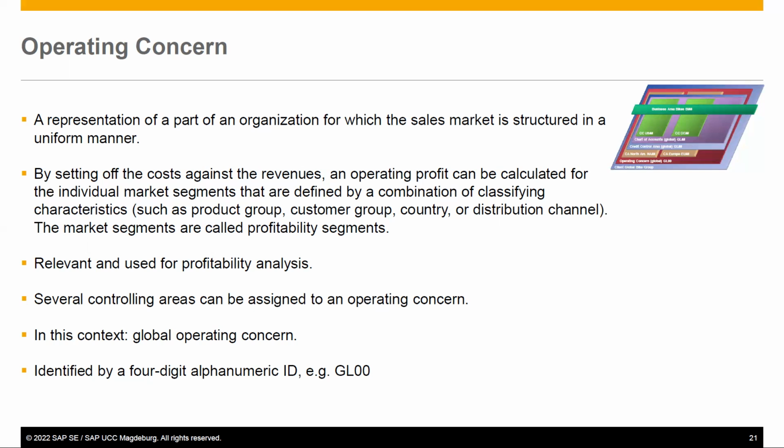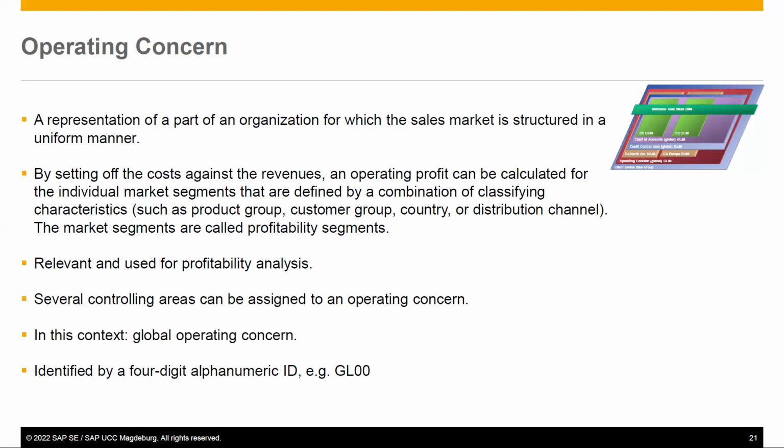For example, Al Usman Holding has two controlling areas: three companies in the Middle East, and maybe four companies in Africa, in Sudan, Libya, Egypt, Somalia, and other countries. So we'll create two controlling areas, one for the Middle East and one for Africa.